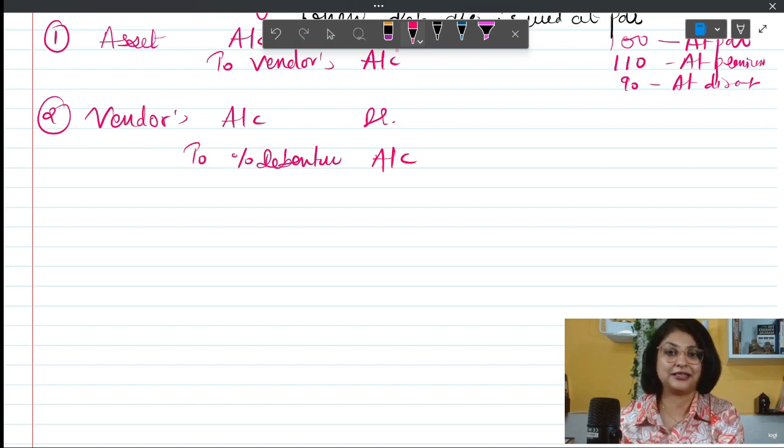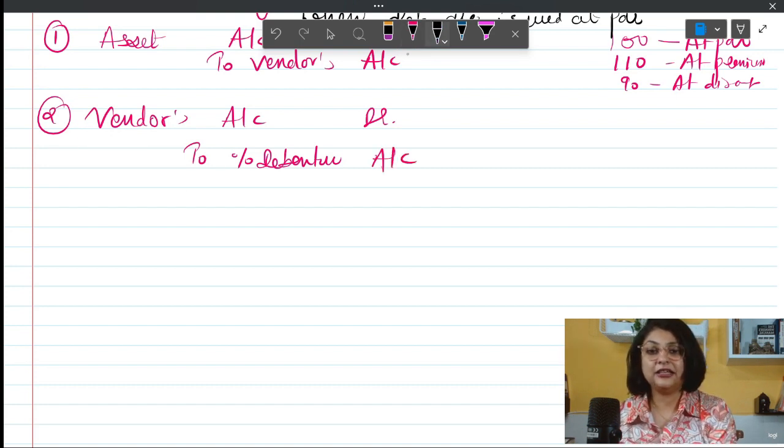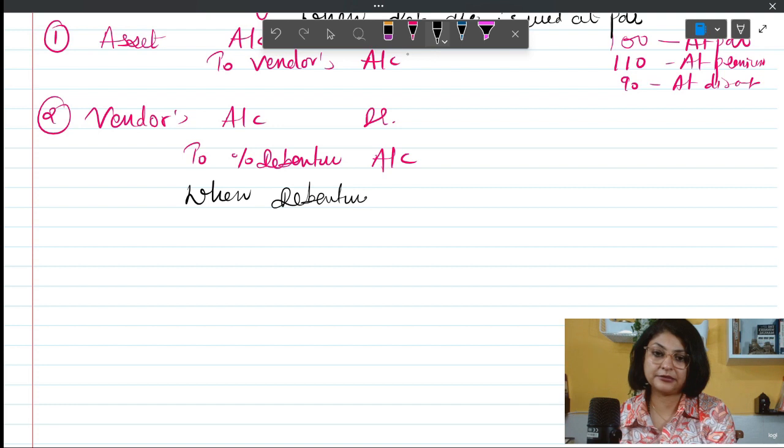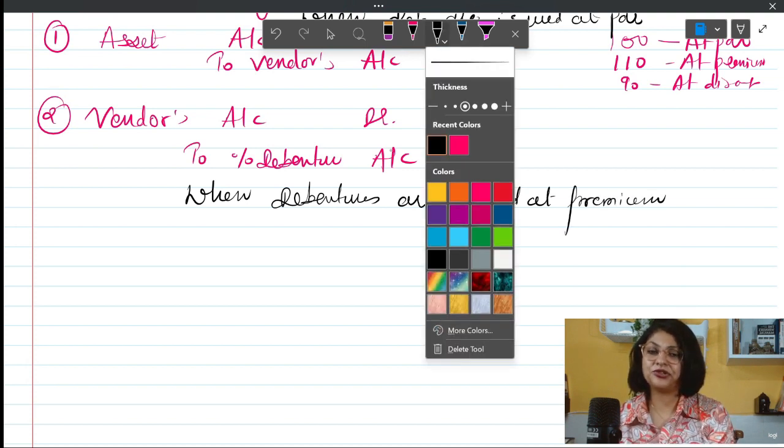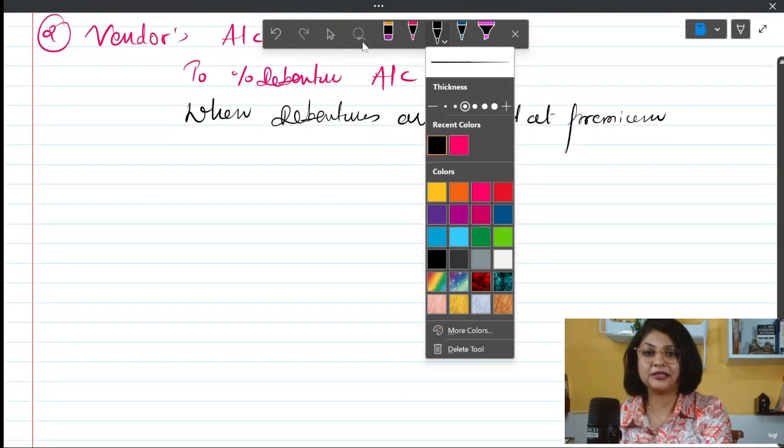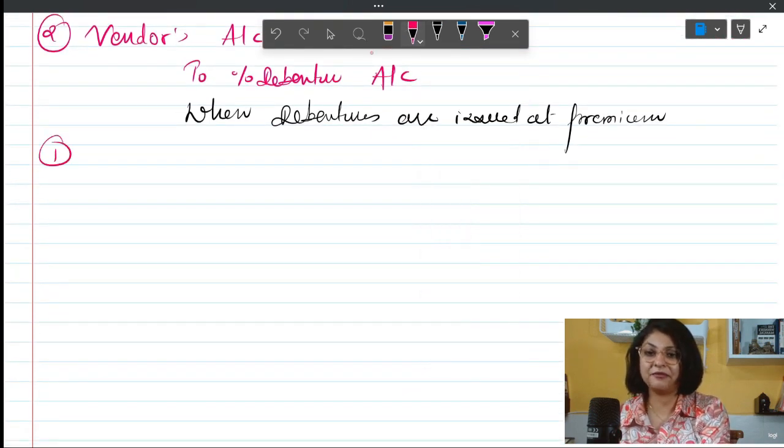As simple as that. Now let us understand, when debentures are issued at premium, what entry will be passed? If debentures are issued at premium, the first entry is the same as the previous entry.